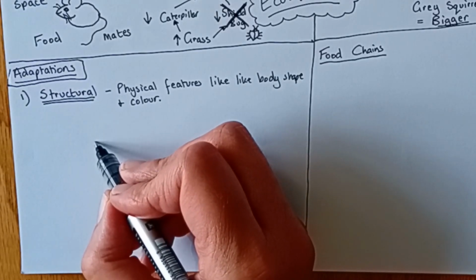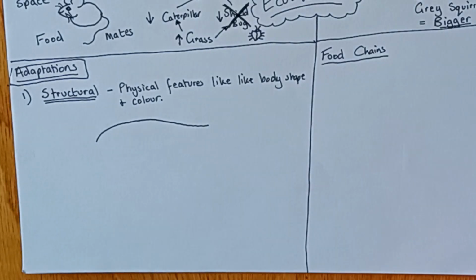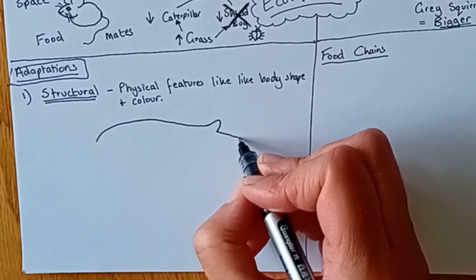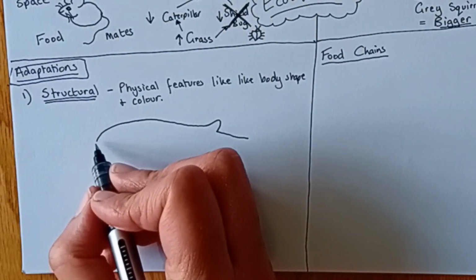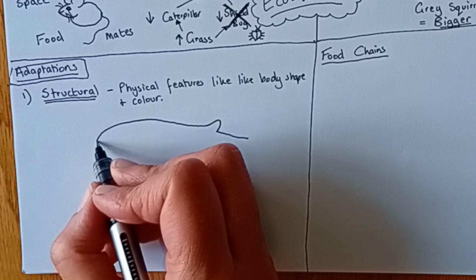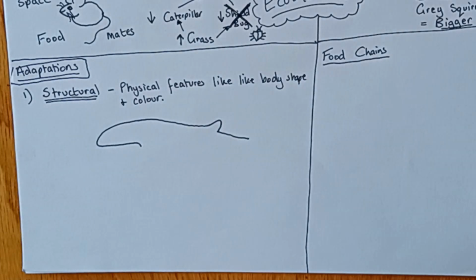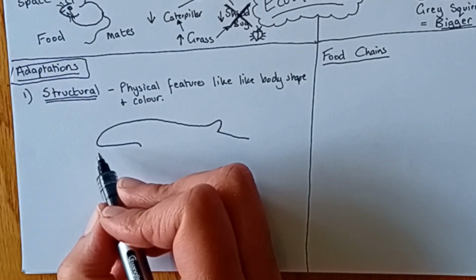So we're going to start and draw a blue whale. Long body, dorsal fin. It's fairly near the back. This whale's got a really big, wide mouth to take big gulps of water with krill in it.